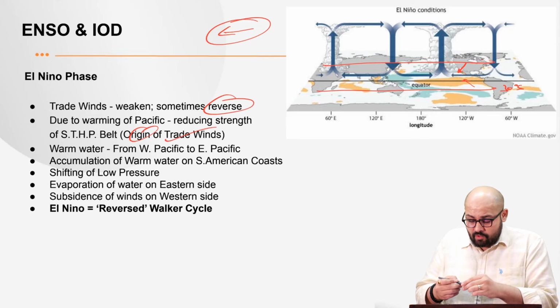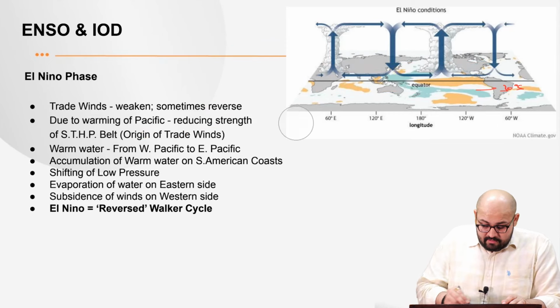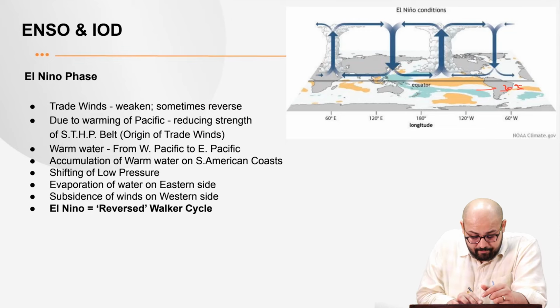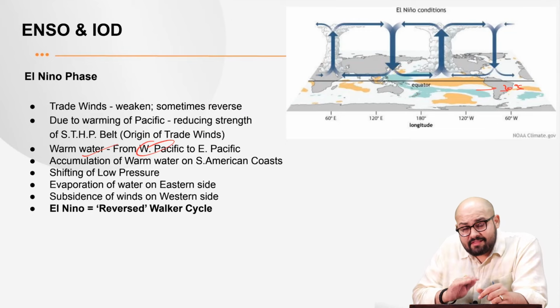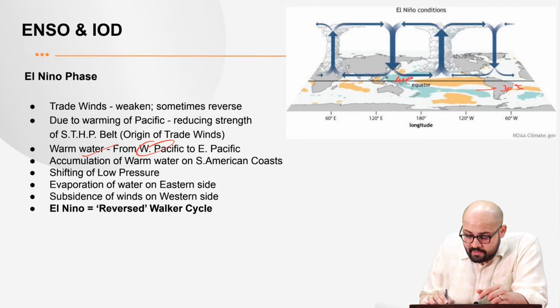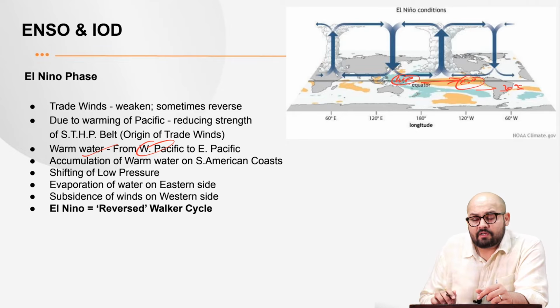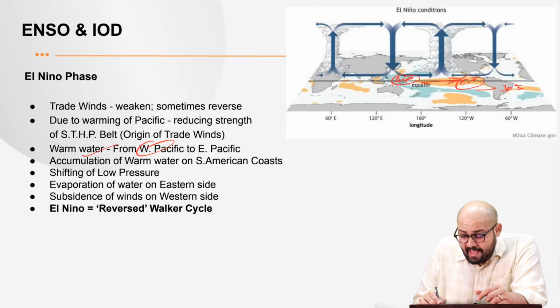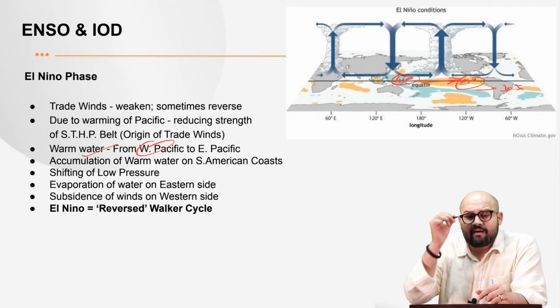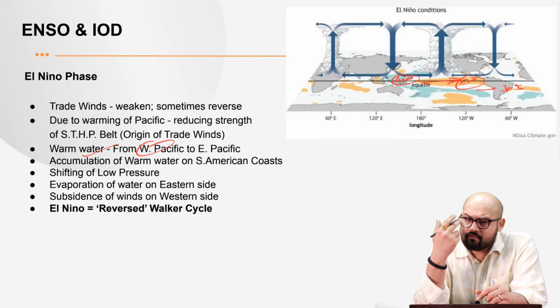Now, in this case, what would happen is, the warm water would move from the Western Pacific to the Eastern Pacific. So you have got the Western Pacific and the warm water would move towards the Eastern Pacific. Right. So there's a reversal of the direction. Once you have got the movement of warm water, the warm water would accumulate here and lead to the evaporation of water and then condensation of water forming clouds.